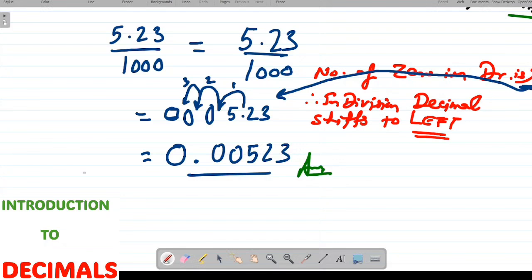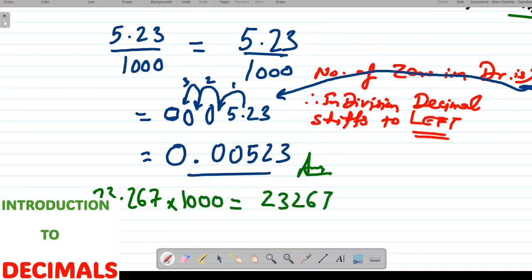Okay, so one more example only. It will take a very short time. Let the number 23.267 be multiplied by 1000. What will be the answer? Here it will be 23267 00, that is 2326700.